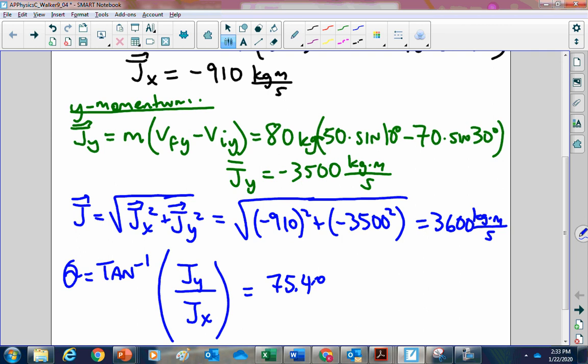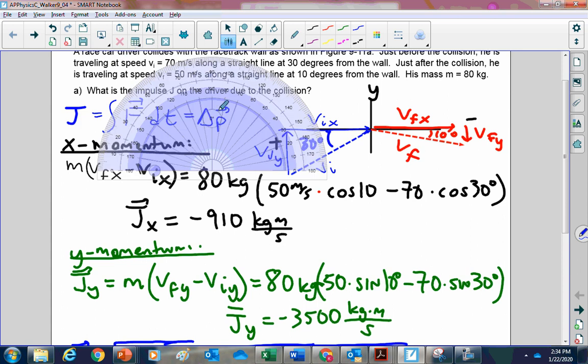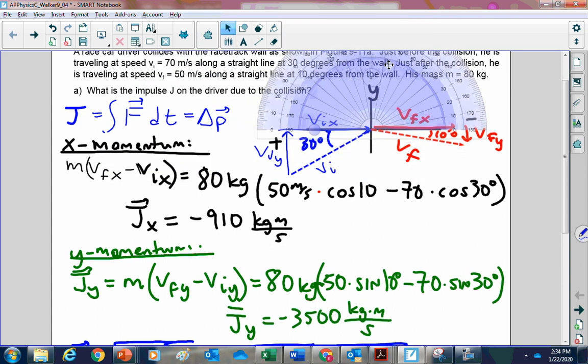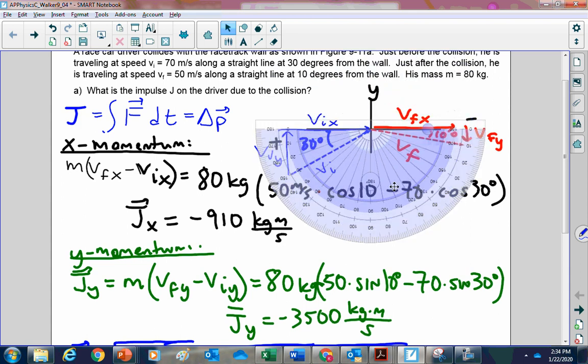So what that's telling us is that the change in momentum is opposite to, if we put the protractor back up here, let's do that. Okay.